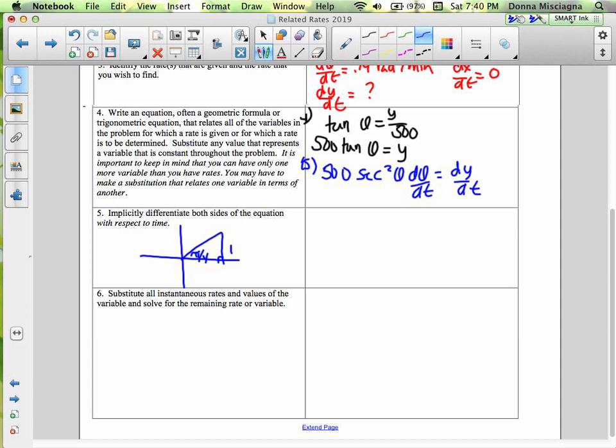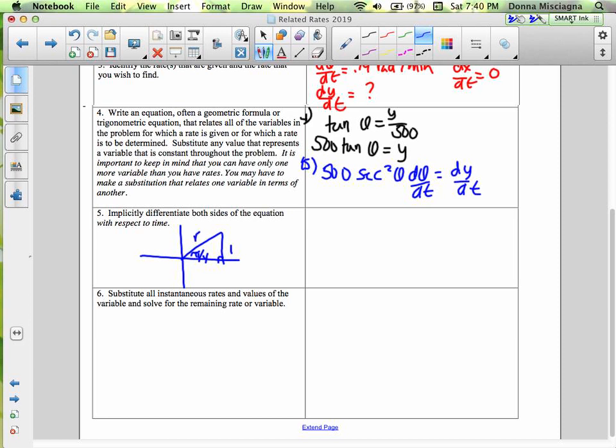This is the 45, 45, 90 right triangle. It's an isosceles right triangle. So not only were we given x, we were given y. It's also 500 feet, at least at the moment in time where we wanted to know how fast the balloon is rising. Not that we need the value of the opposite side, but we do need secant.